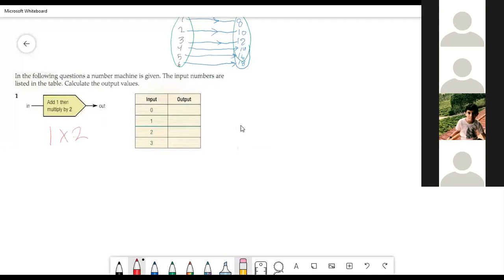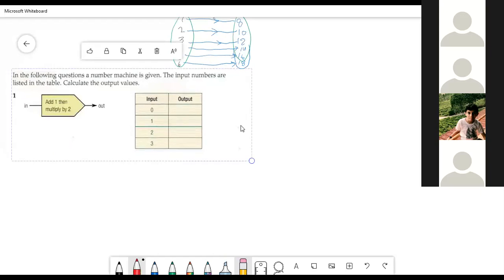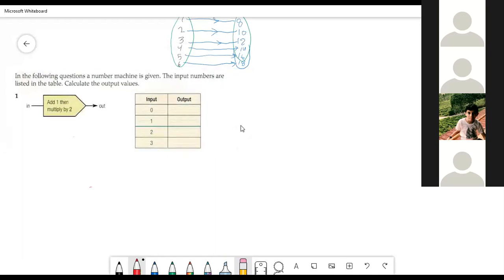Okay, but we have missed something. How are we going to replace the inputs? We need x, right? So 1x, then times. This is times, to not be confused with the x, so I'll represent times like this: 1x times 2.